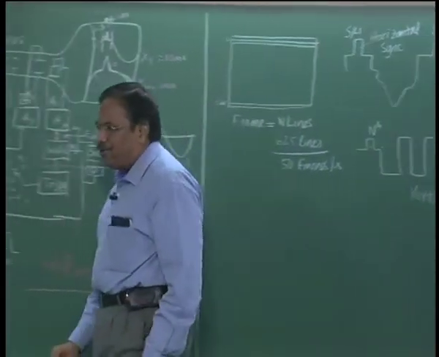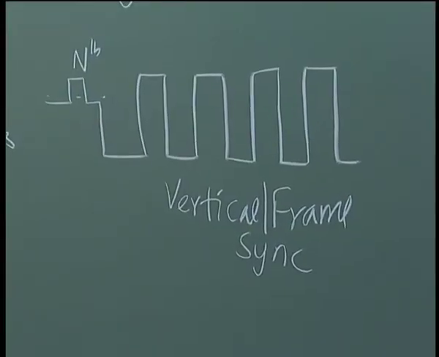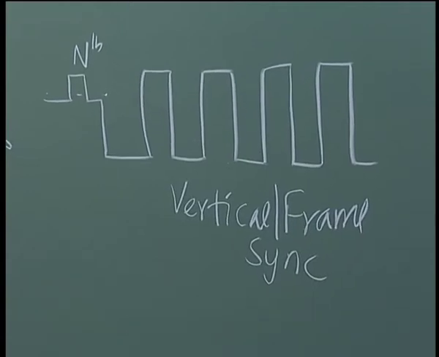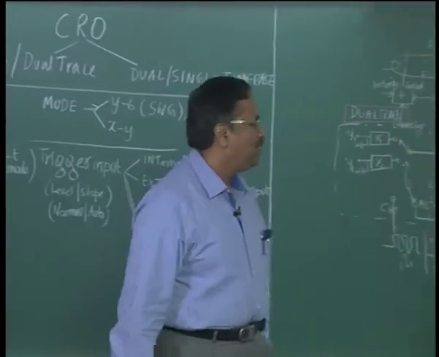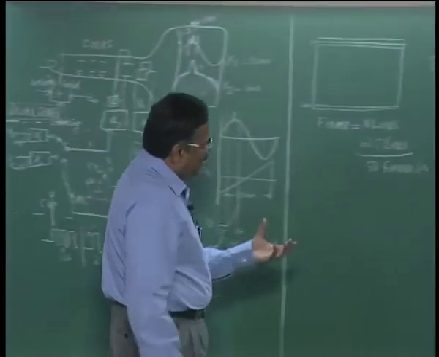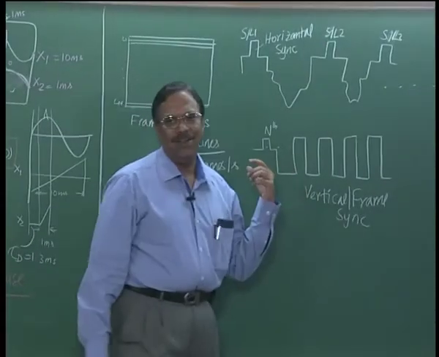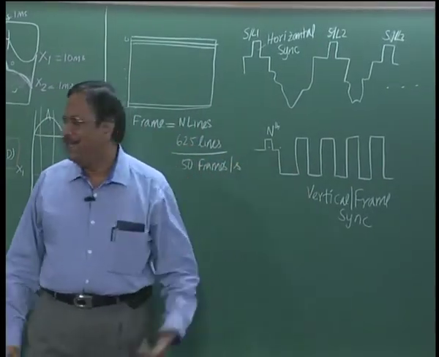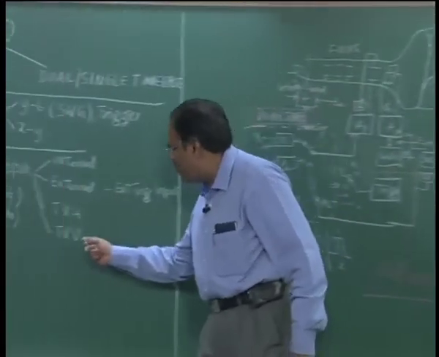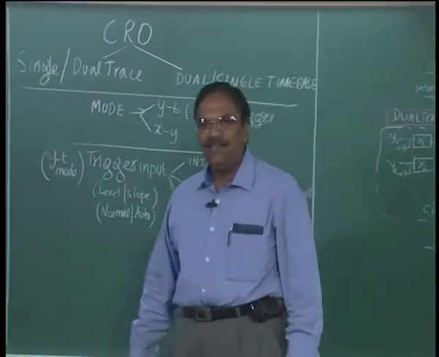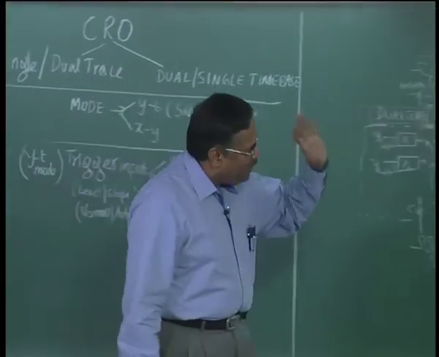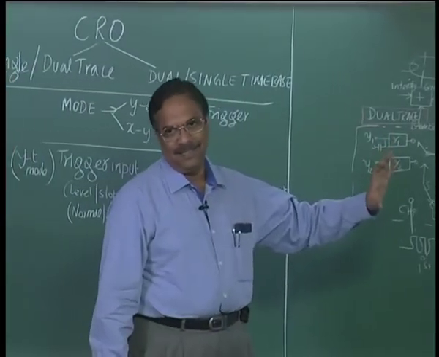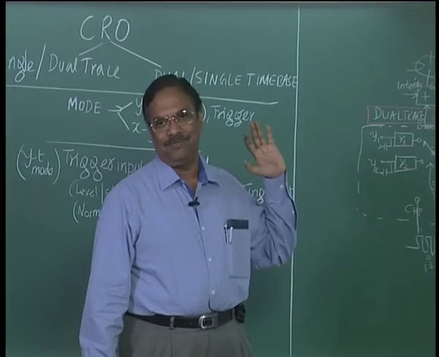So again, to sense whether there is a vertical or frame synchronization in the continuous signal received by the television receiver, there is a separate circuit for detecting it. When I put the mode on the oscilloscope as TVV, that circuit comes into picture. It recognizes the vertical synchronization and then triggers the oscilloscope.